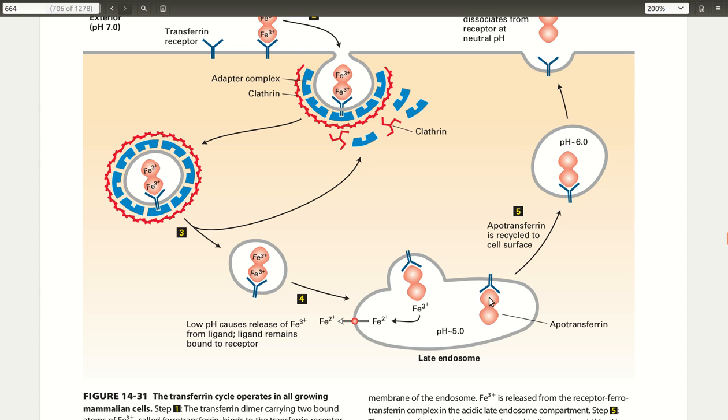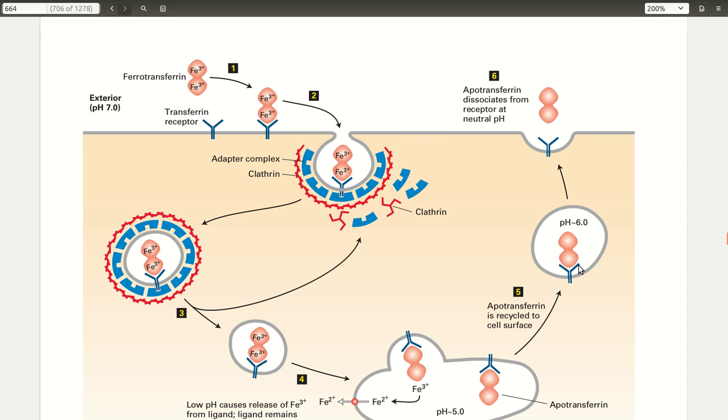Now that the protein doesn't have its iron ions, it is known as apotransferrin, which is recycled back to the cell surface, shown here. And once at the cell surface, the receptor will dissociate from its protein.